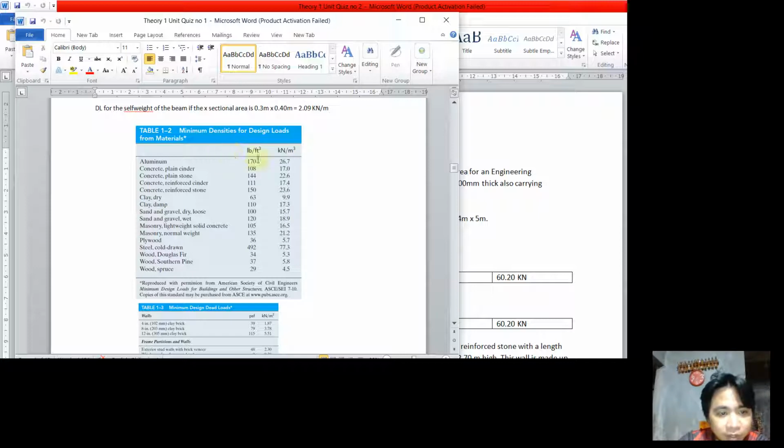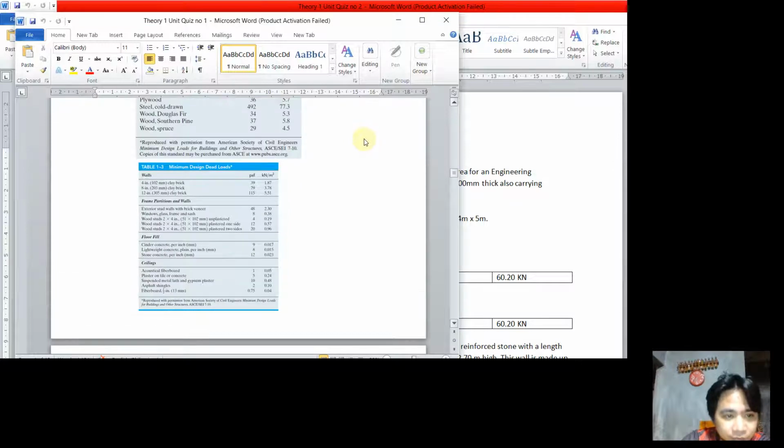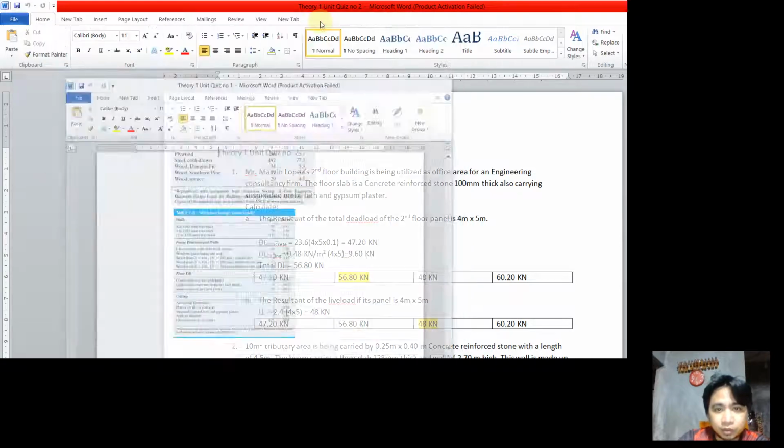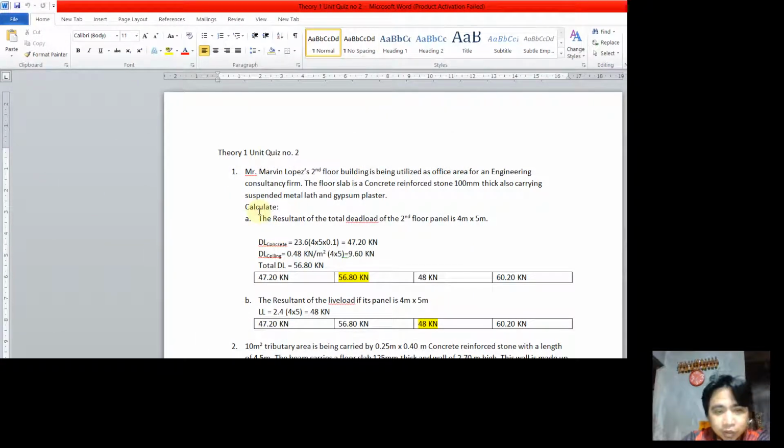Okay, and then for our ceiling, we can see that suspended metal lath and gypsum plaster has a pressure value equivalent to 0.48 kilonewton per square meter. So we're gonna utilize those values. This is simply equal to gamma times the volume.